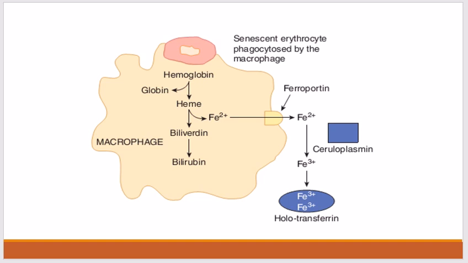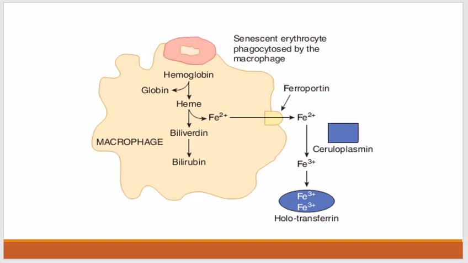The iron is then transported out of the macrophages via ferroportin, and in the plasma it is oxidized to the ferric form by ceruloplasmin before binding to transferrin, which is an iron binding protein, and it circulates in the blood tightly bound to transferrin. The iron released from the macrophages in this way is about 25 milligrams per day.